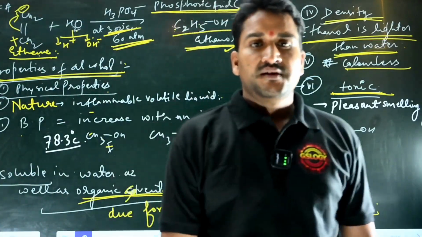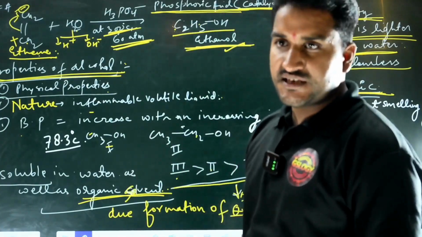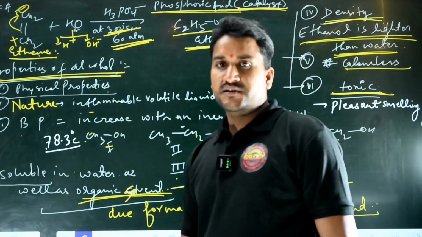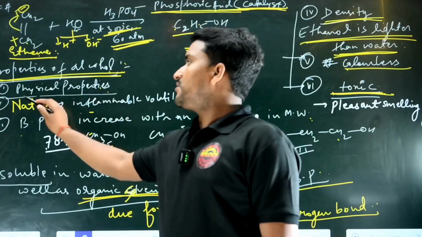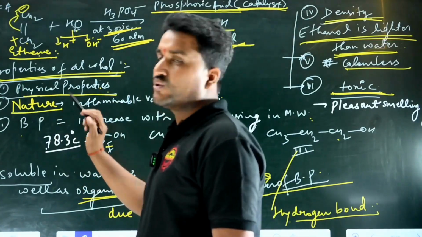You know very well there are two types of properties: one is the physical property and the second is the chemical property. First we will discuss the physical properties of alcohol. First, the nature of alcohol.